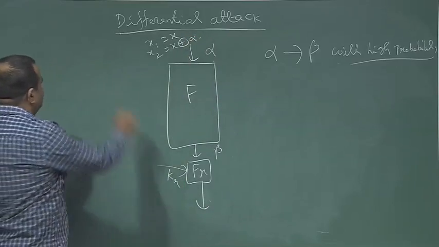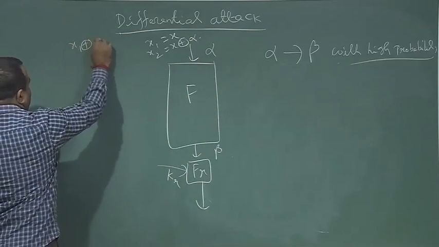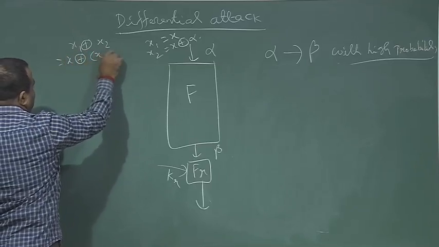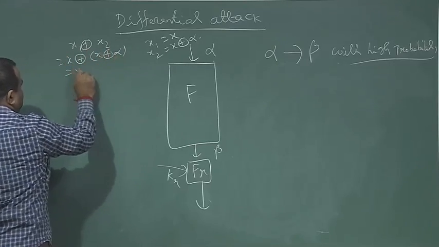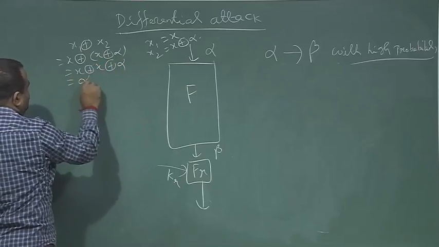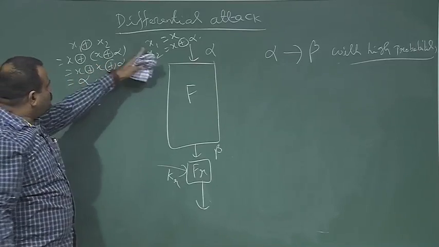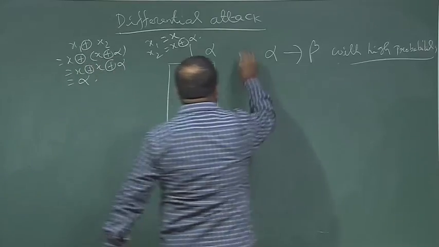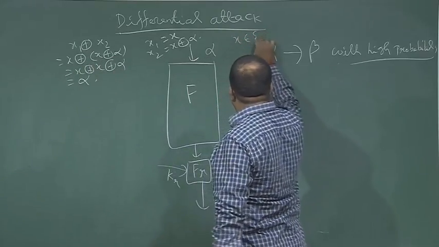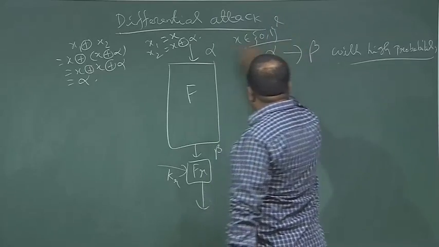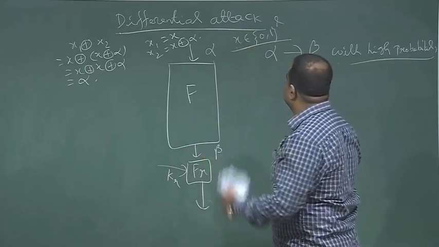Then x1 XOR x2 is x XOR x XOR alpha, so the x cancels out and we get alpha. Here x is a plaintext, any plaintext. If it is L bit, x is any L bit string, so there are 2 to the power L possibilities of x.